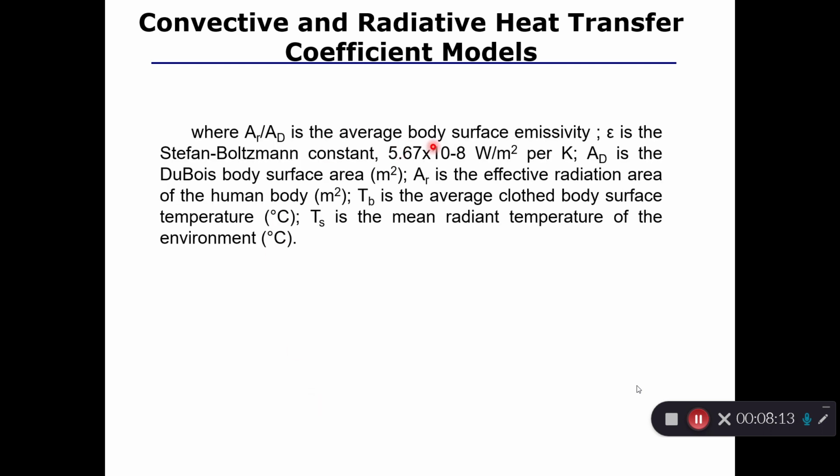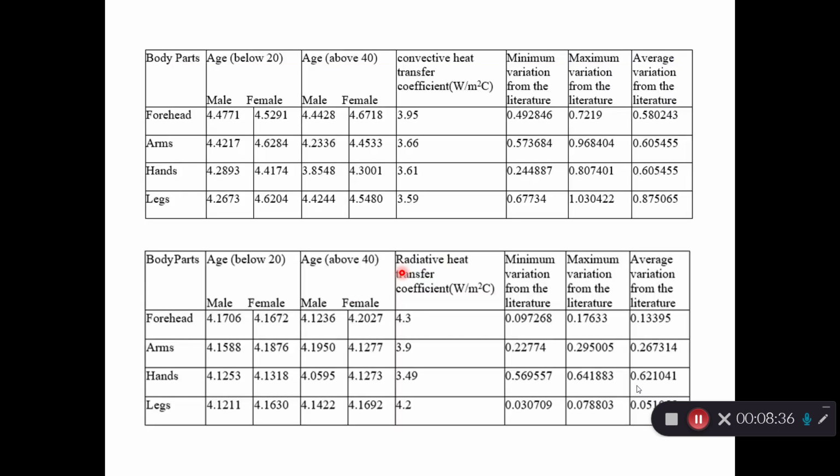And this is the average body surface emissivity. E is the surface emissivity, AD is the Du Bois body surface area, and AR is the effective radiation area of the human body, TB is the average clothed body surface temperature, and TS is the room temperature.